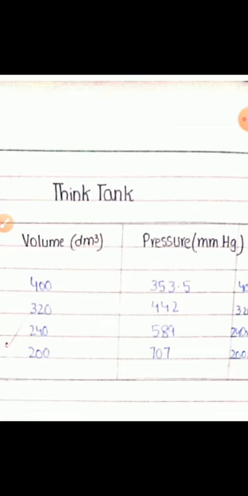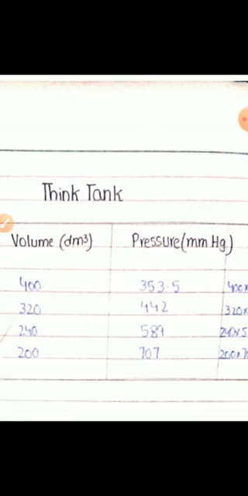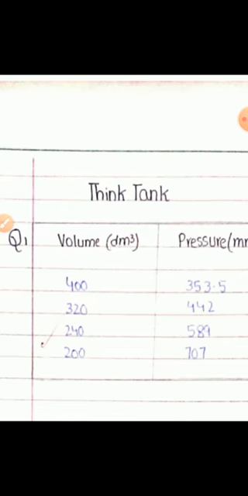We take the multiplicative product. It is equal to 141,400. Now the second value is 320, that is V2, and pressure P2 is 442.